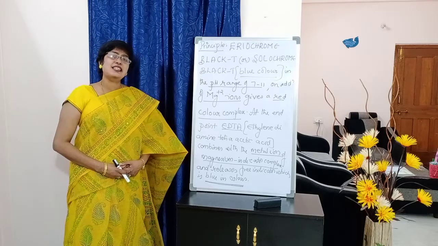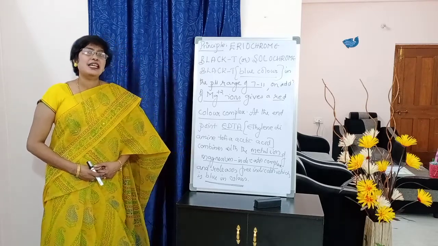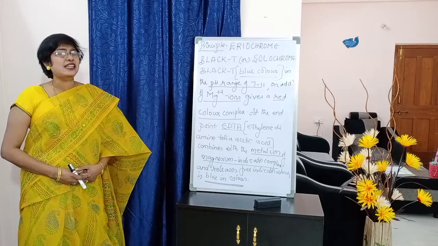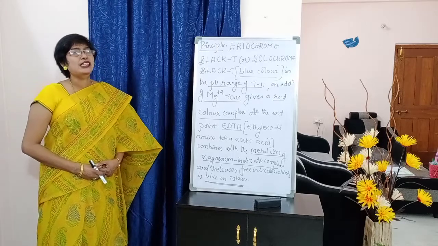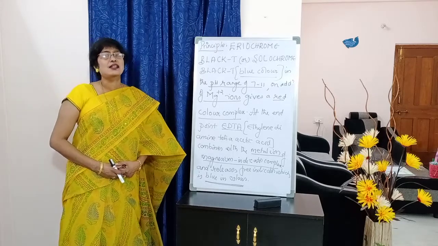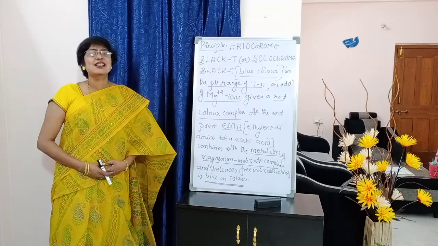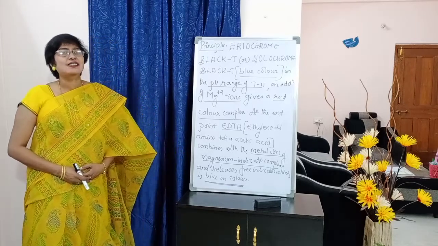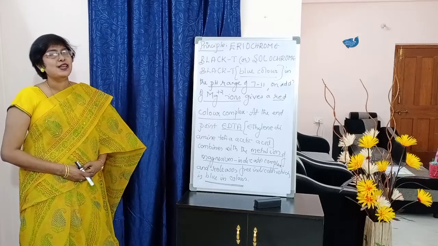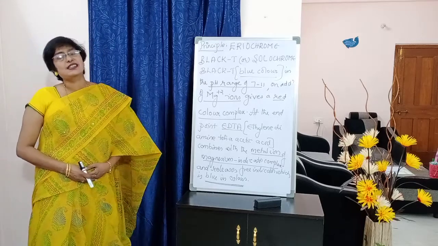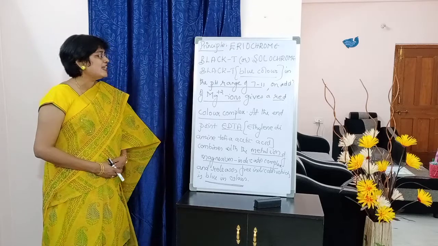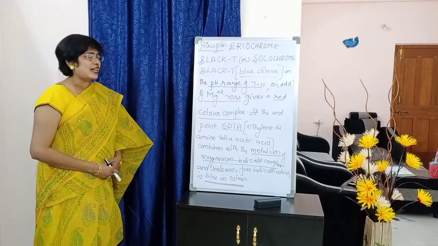What is EDTA, students? Ethylene diamine tetraacetic acid. Okay. So in the Viva, the first question asked by the examiners, what is EDTA? So what is the full form of EDTA? The most commonly asked question in your Viva. So EDTA is the ligand, students.